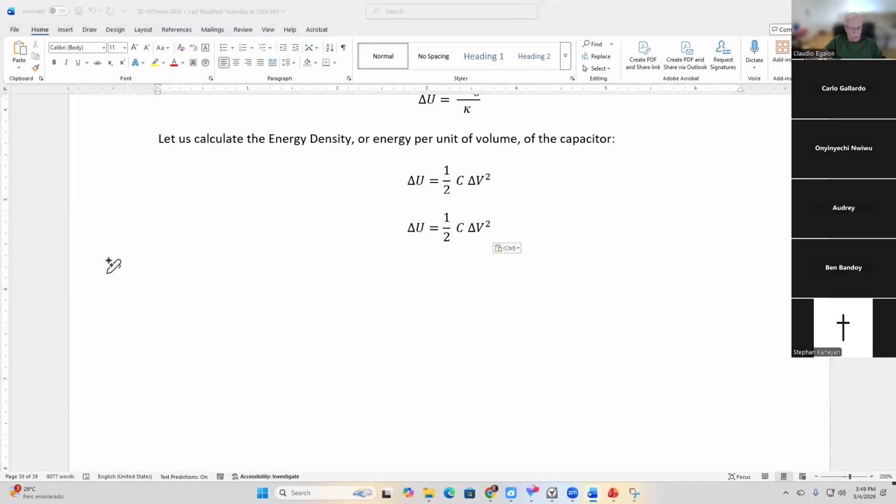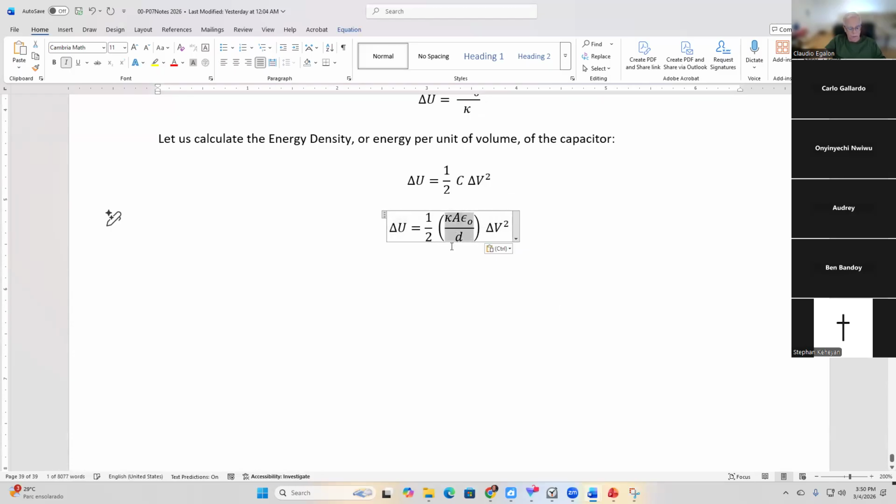Capacitance is given by this ratio here, that's a parallel plate capacitor, right? Area over distance between plates. And we have delta V. Then what else can we do? We can replace the delta V by the equation of the electric field. Let me take out this delta V here.